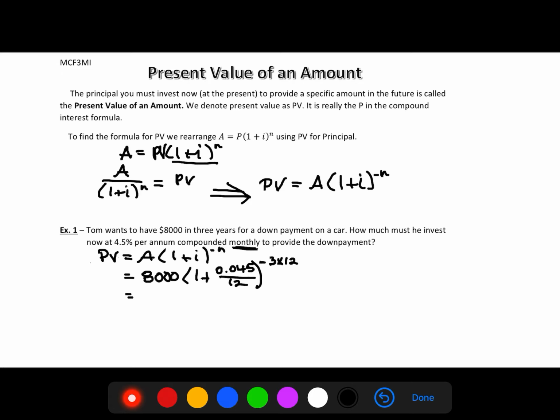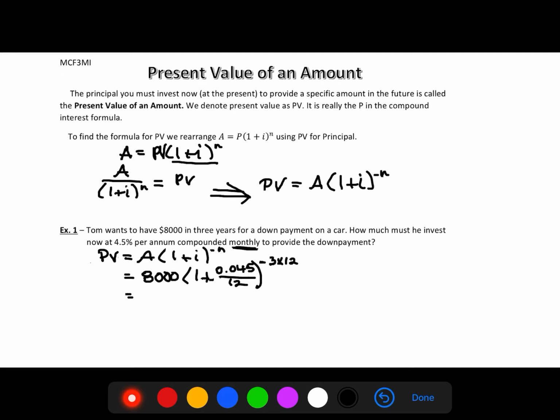And that means as well that for the 3 years, interest is going to be calculated 12 times a year for 3 years, which means we're going to have negative 3 times 12 as our exponent. Now, we can put this all into our calculator in one step. We don't want to simplify our 0.045 because that's not going to be a nice round decimal. So we want, if we can, to do this all in one big step in our calculator.